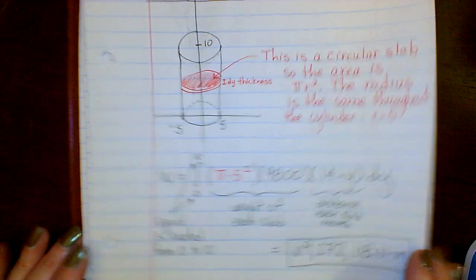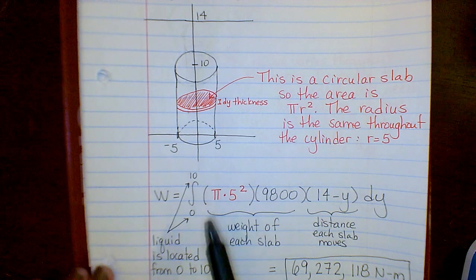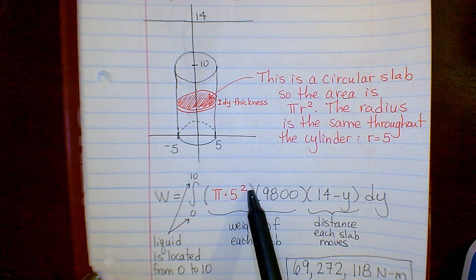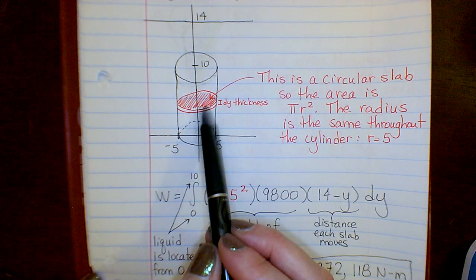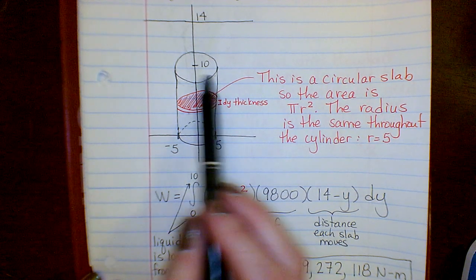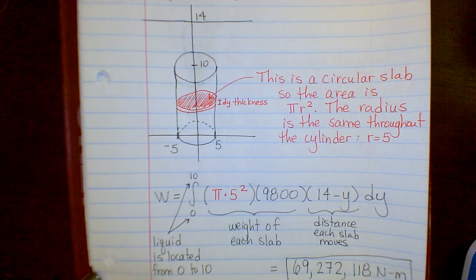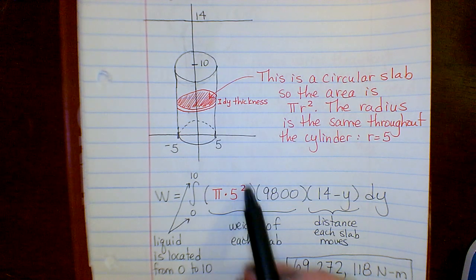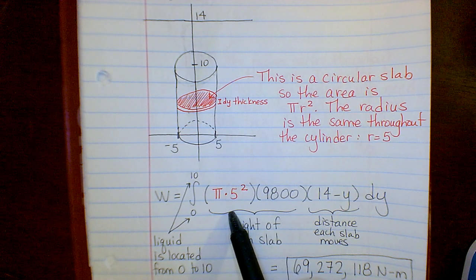So let's talk about how to set up this integral. Okay. We have the area of the slab. This first one is fairly easy because these slabs are all the same. The circles all throughout this tank are all the same. So here's the area of my slab, pi r squared.